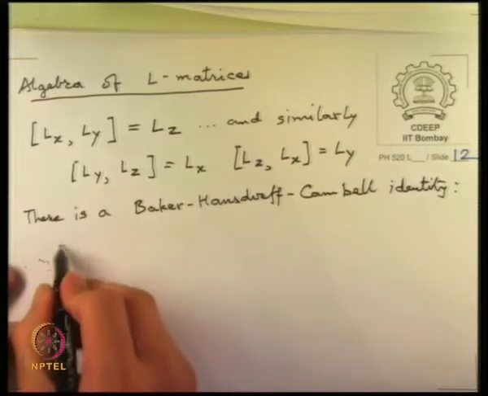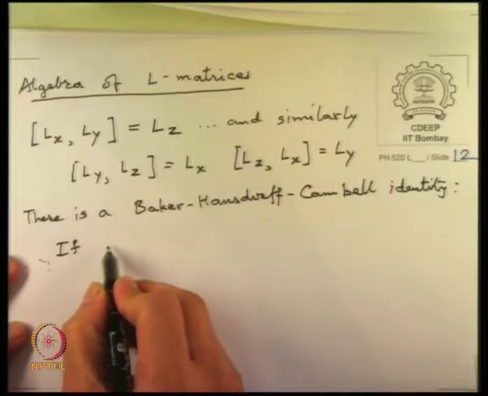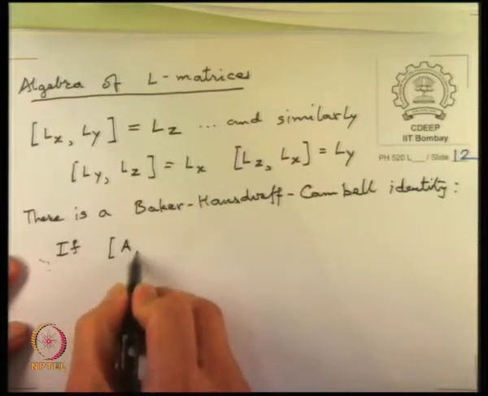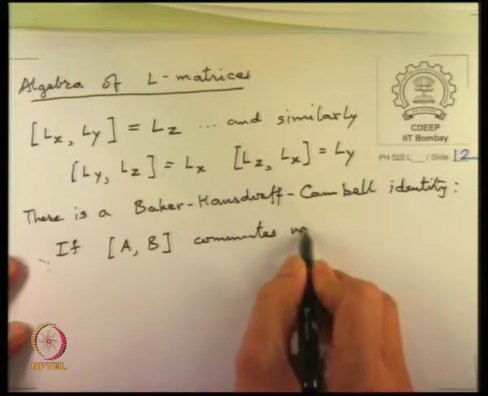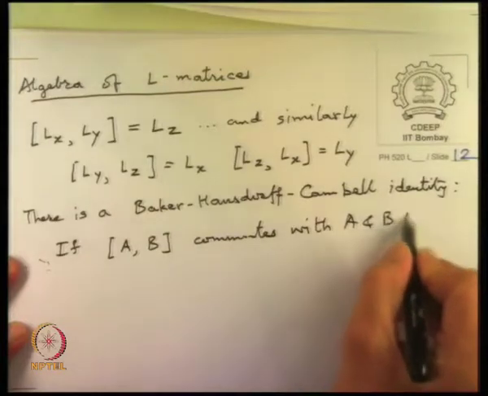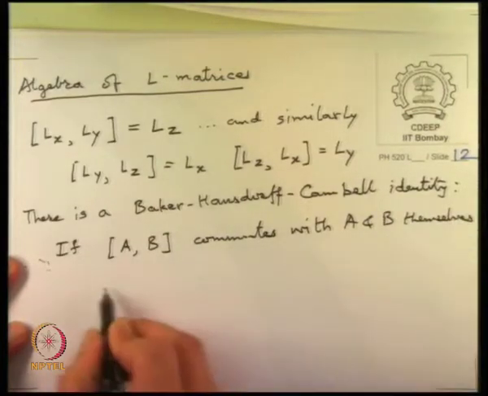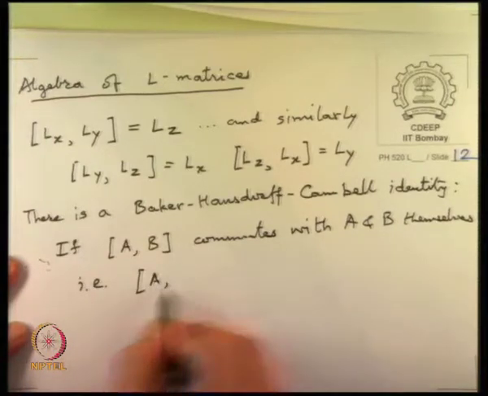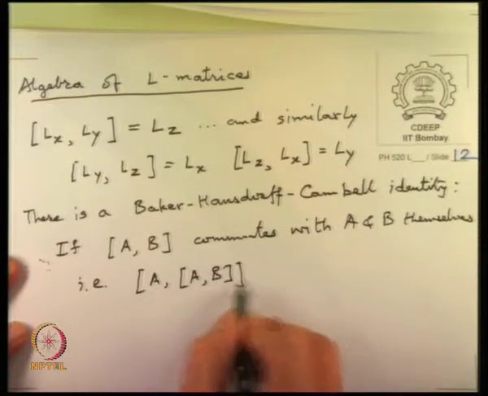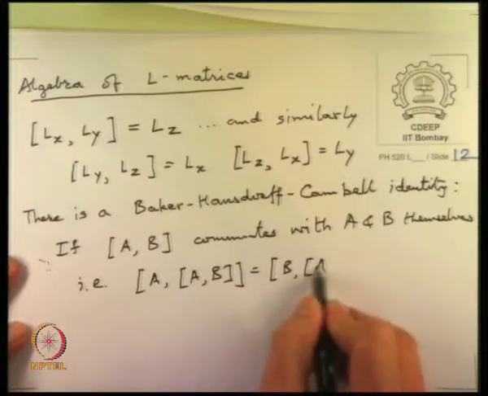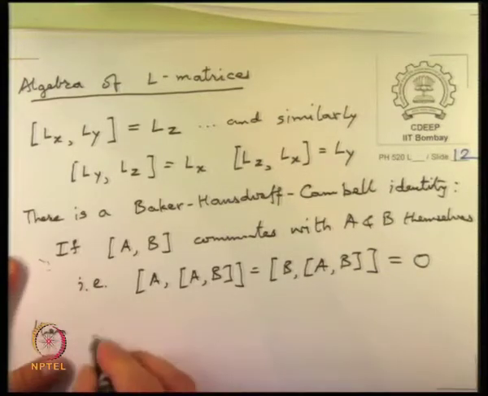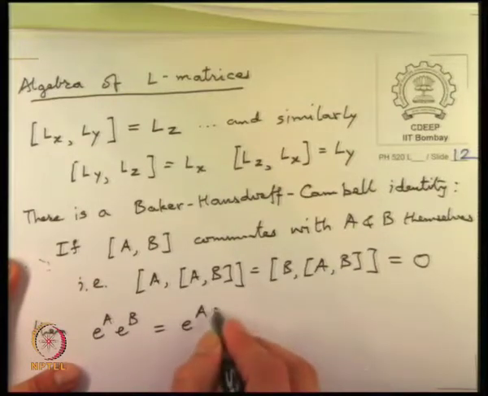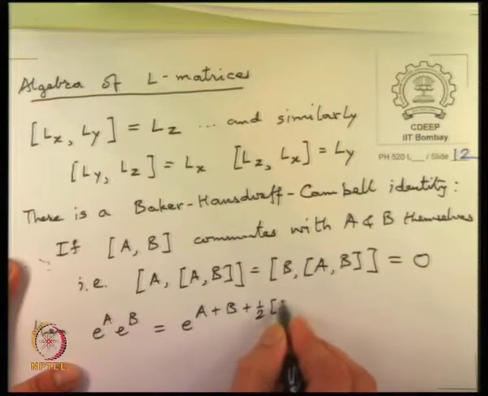If A and B commute, i.e. the commutator a comma b equals 0, then e raised to a, e raised to b, the product of the exponentials, becomes e raised to a plus b plus a half of the commutator a comma b.